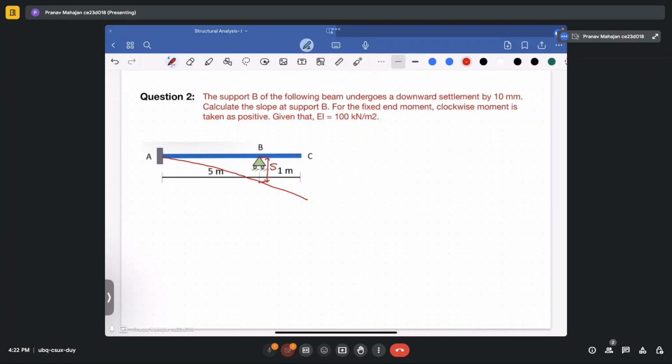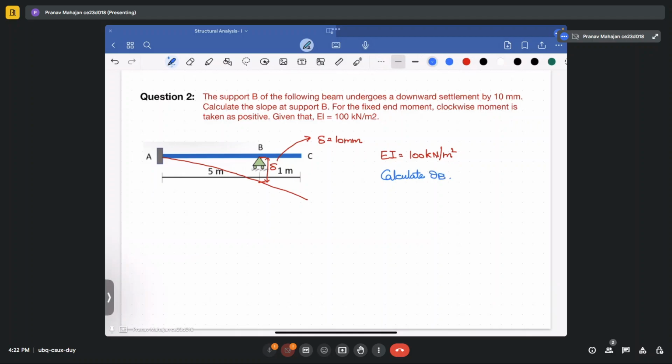So this is your delta. I will write delta equal to 10 mm as given in the question. We have EI also here equal to 100 kilonewton meter square. So you have to calculate theta B due to the settlement.